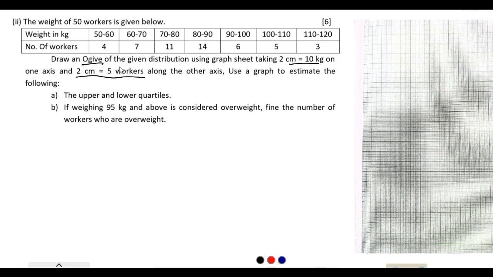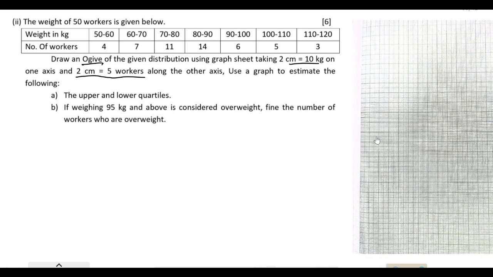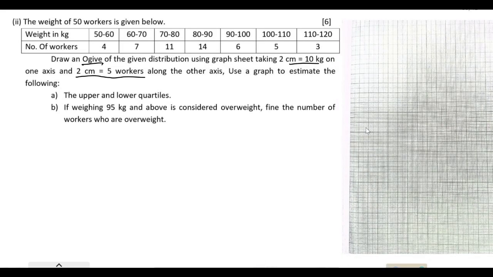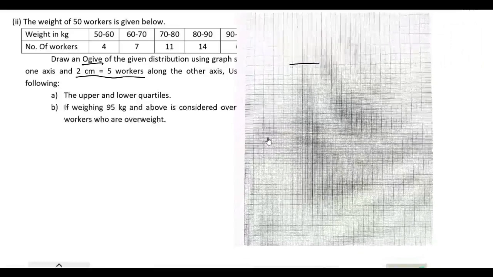First of all, we are drawing ogive. Scale is given 2 cm is equal to 10 kg. Means on x-axis 2 cm is equal to 10 kg and on y-axis 2 cm is equal to 5 workers.